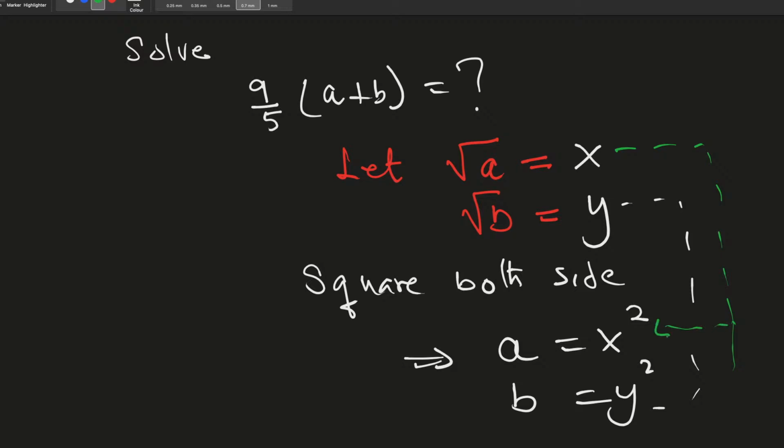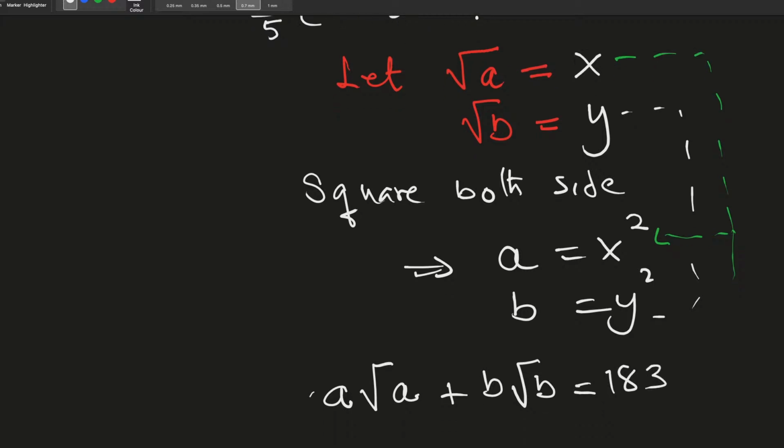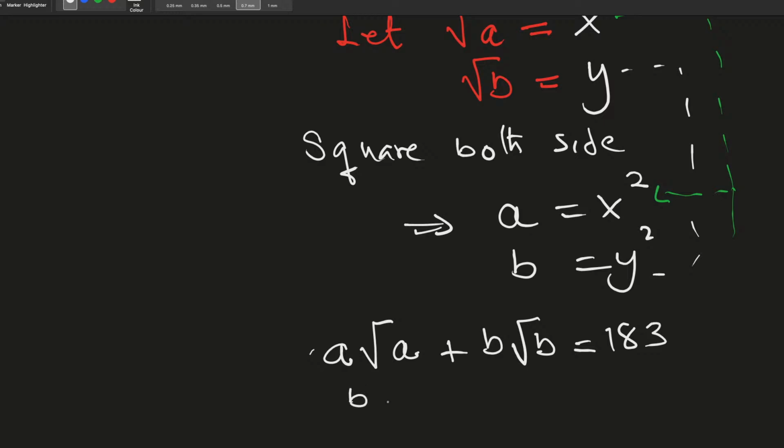Now, after we made this assumption, let us look at our equation once again. We have A multiplying the square root of A, and then B multiplying the square root of B is equal to 183. And the other one is B multiplying the square root of A plus A multiplying the square root of B is equal to 182.